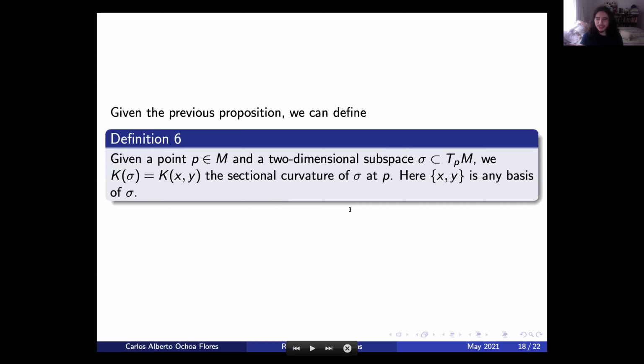the sectional curvature and the curvature tensor are essentially the same thing, in the sense that from the curvature tensor one can construct the sectional curvature, but the other way around is also possible.